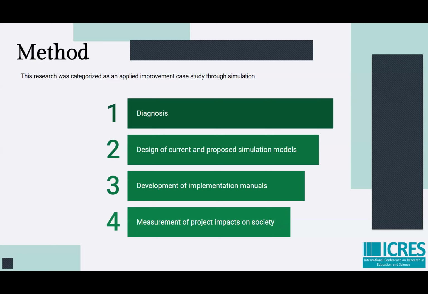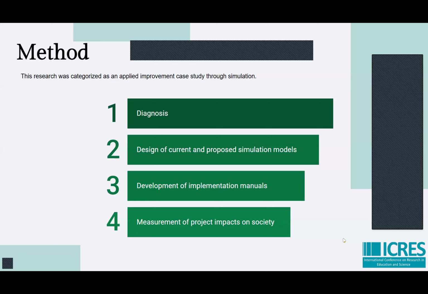This research was conducted as an applied improvement case study using simulation structure in 4 phases: the diagnostic, the simulation model design, development of implementation manuals, and the impact assessment. For the initial phase, the information was provided by the company, and we used it to analyze the key problems, the root causes and consequences.